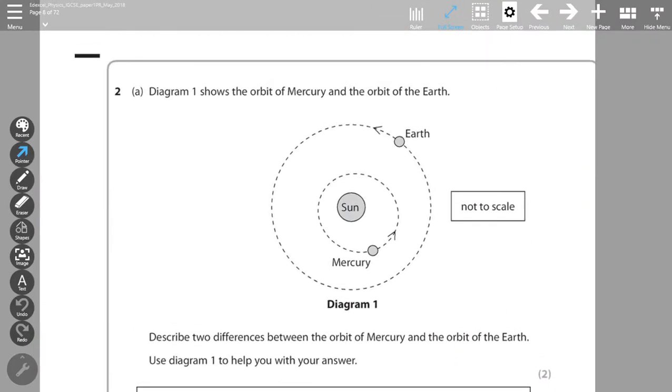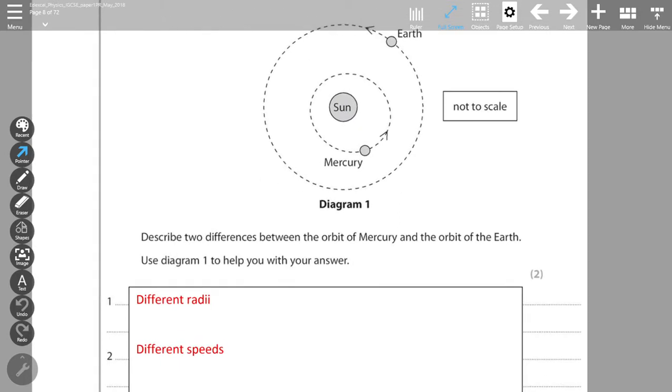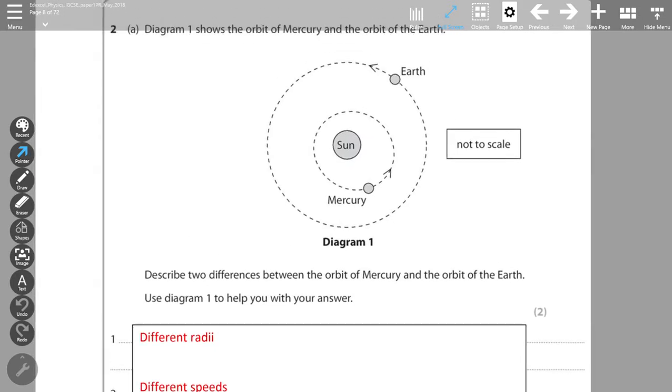Next question. Question 2. Diagram 1 shows the orbit of Mercury and the orbit of Earth. So Mercury is a bit closer. Describe two differences between the orbit of Mercury and the orbit of Earth.